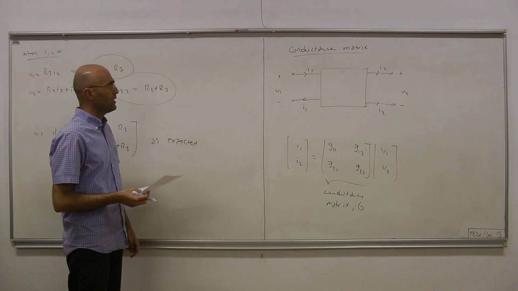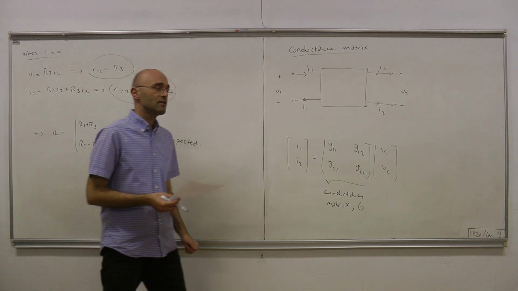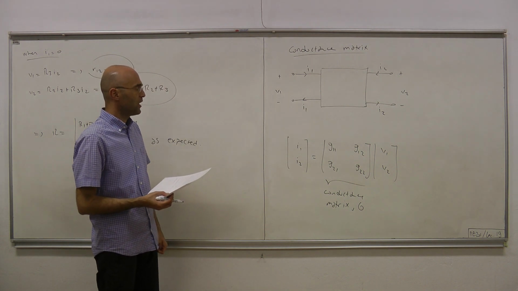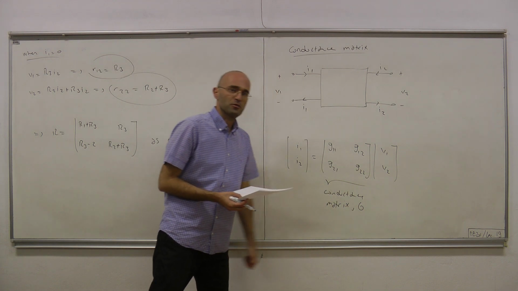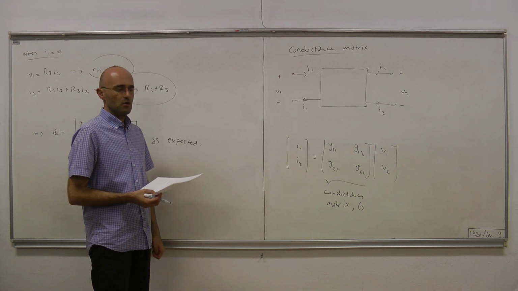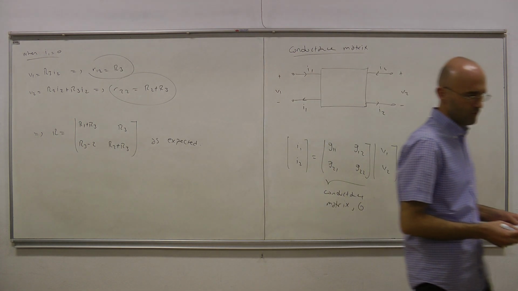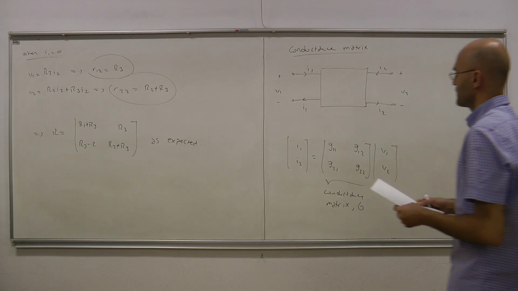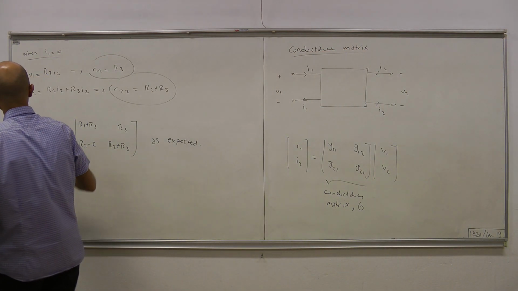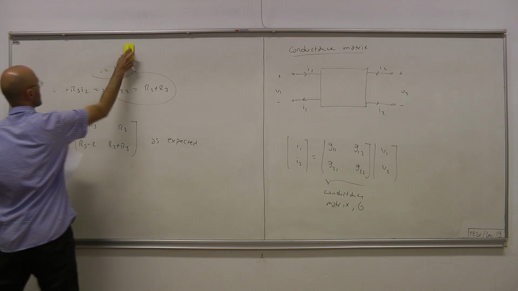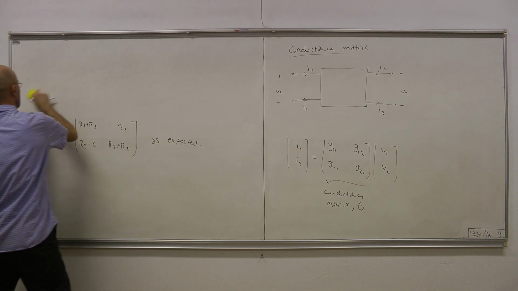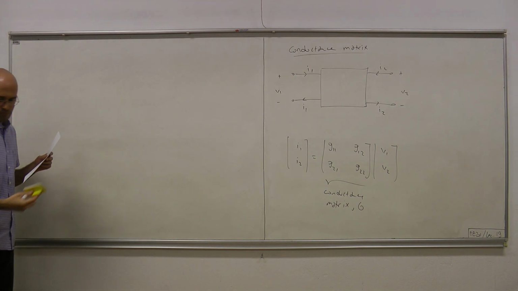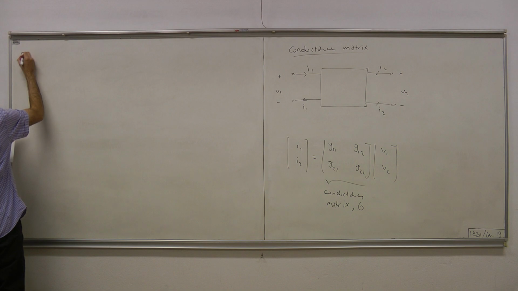Okay. Now let's consider once again our previous example for which we obtained the resistance matrix parameters and try to figure out, if possible, the conductance matrix representation also. So that's our next problem. Example.